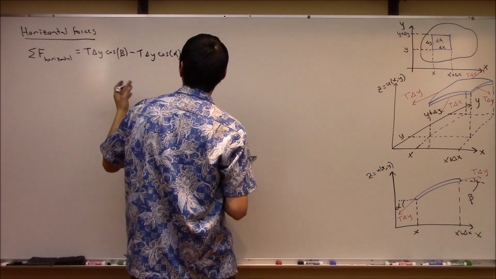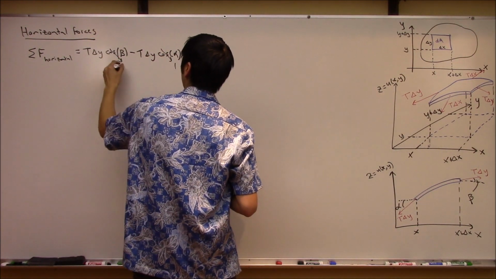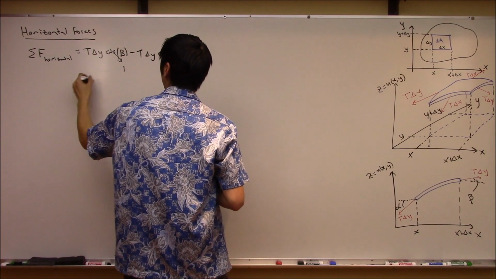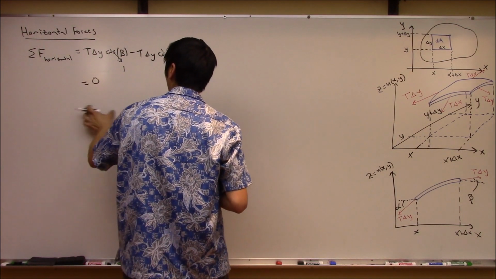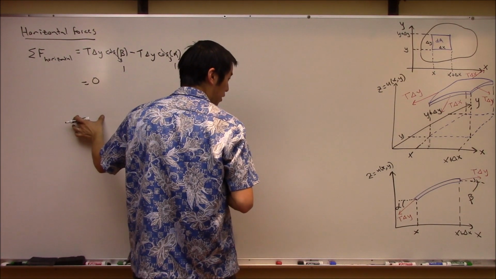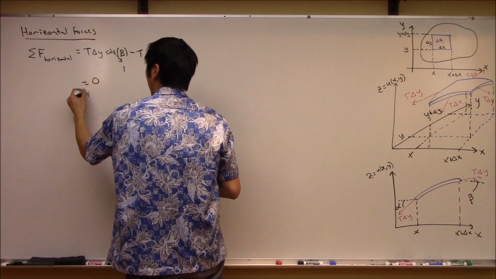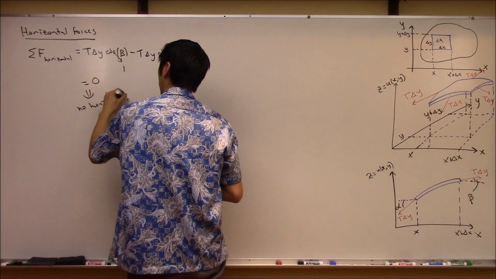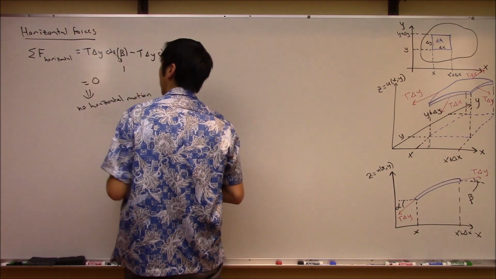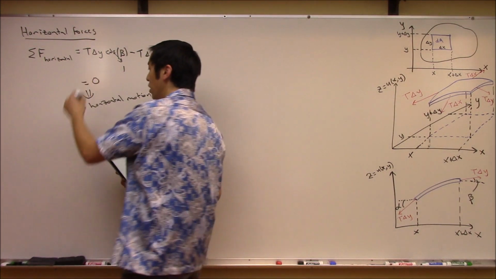And due to our small angle approximation, we said that these small angle cosines are basically 1, so we end up with 0. So this is great. What this shows us is there's no horizontal forces in this situation due to our assumptions, which basically means no horizontal motion. So the only motion this membrane is going to experience is in the vertical, or the out of plane direction. So let's look at that right now.